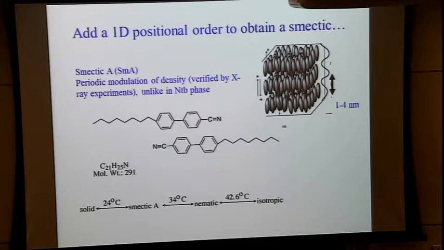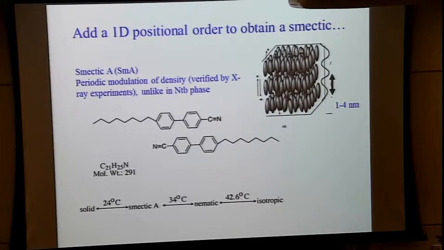Okay, Leo actually already introduced the smectics to you. This is why I use the term and already kind of contrasted it to the nematics. But this is what it is. It's a structure in which, in addition to this orientational order, you have a one-dimensional periodicity in the structure in terms of the density. And you can easily verify that by X-ray.